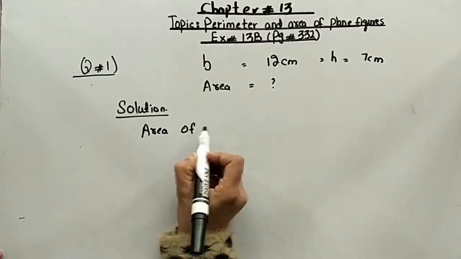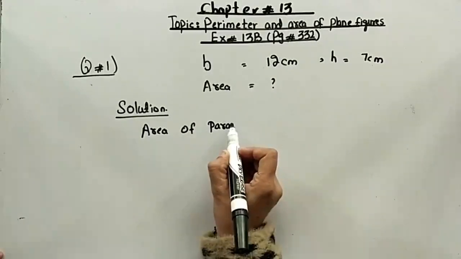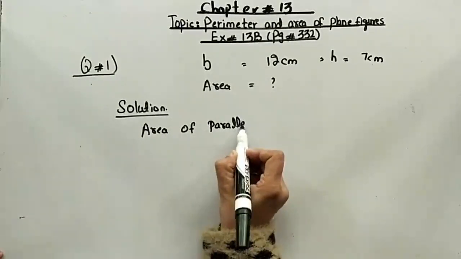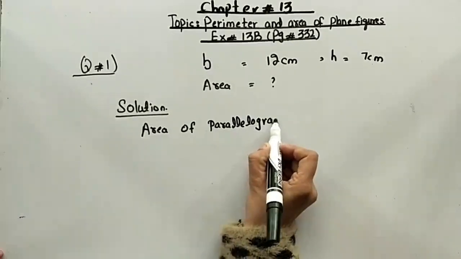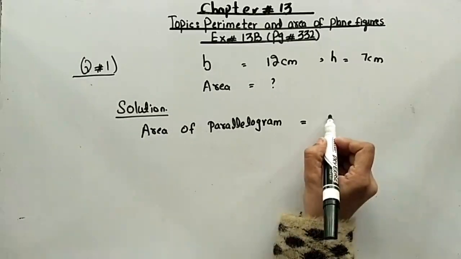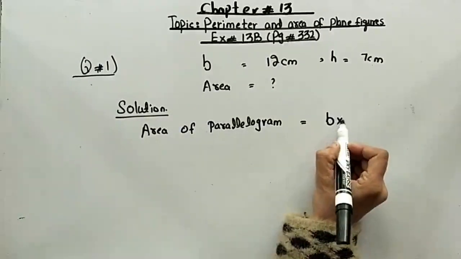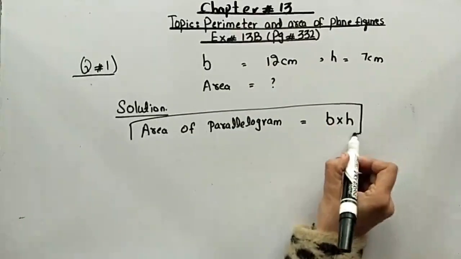Area of parallelogram is equal to base multiply height. This is the fixed formula of area of parallelogram.